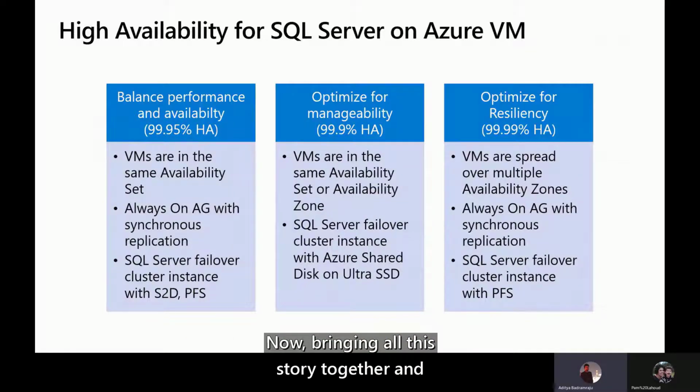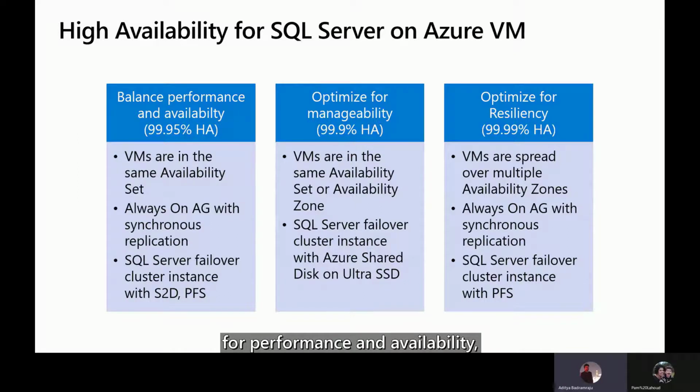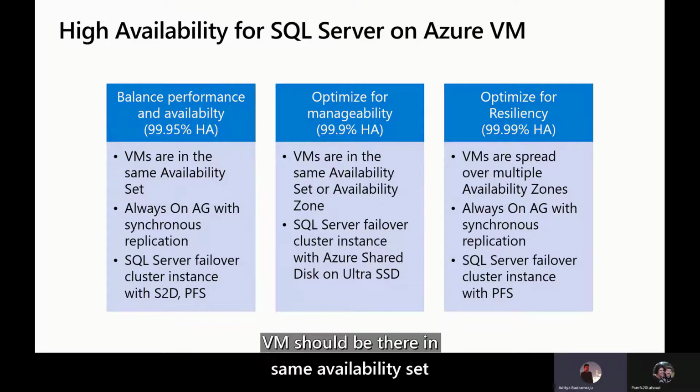Now, bringing all the story together and to see what is good when. For performance and availability, when you want to configure your servers for performance and availability, you need to choose your VMs, and those VMs should be in the same availability set.